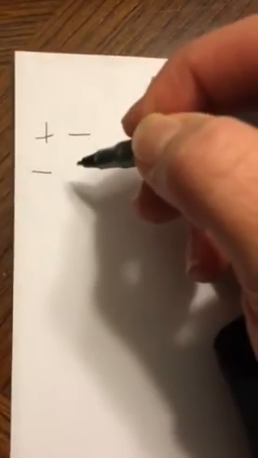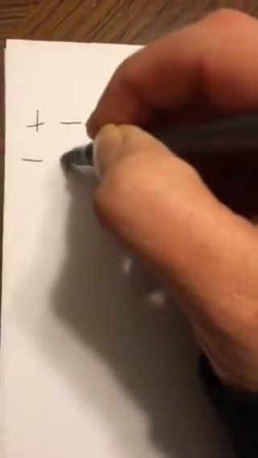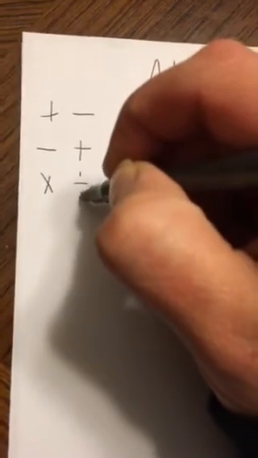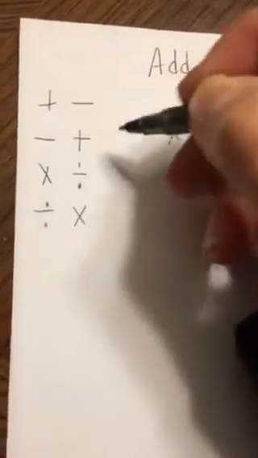If you're subtracting, the inverse operation or the opposite operation would be to add. Likewise, when you multiply, the opposite or inverse operation is divide. And then, obviously, if you divide, the opposite would be to multiply.